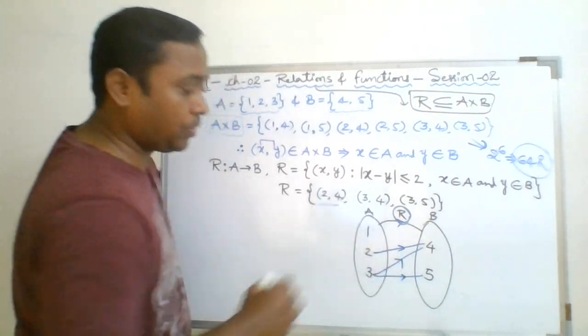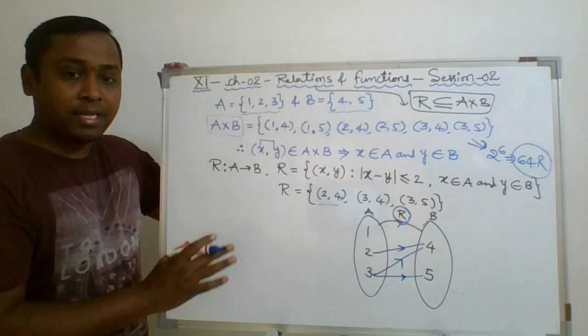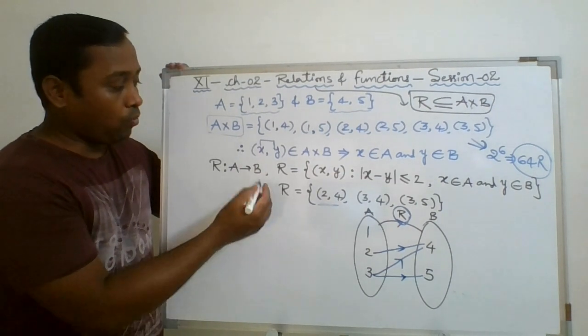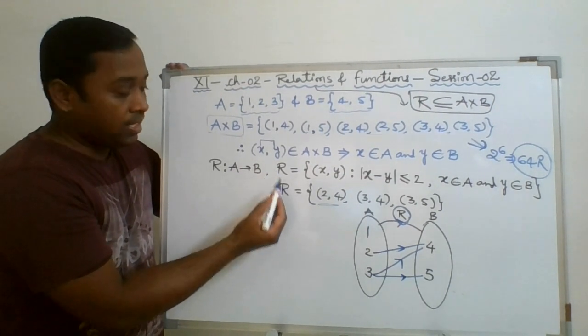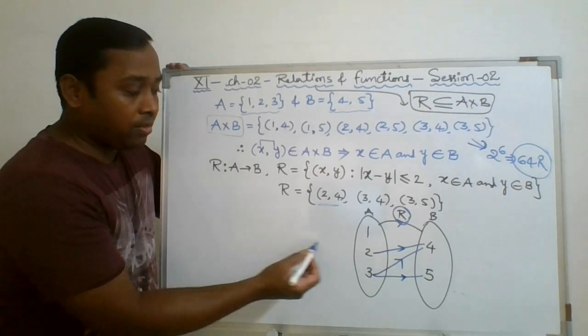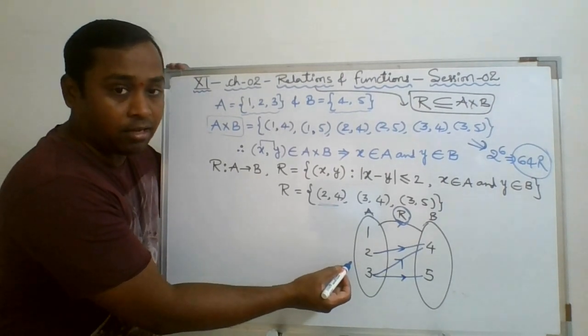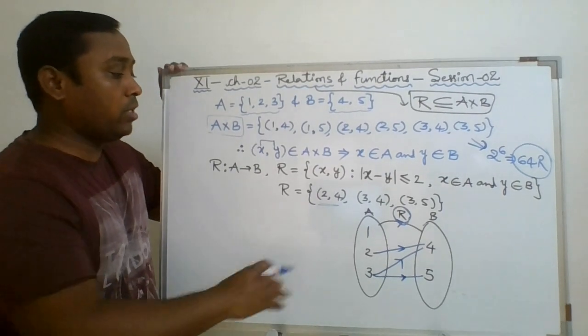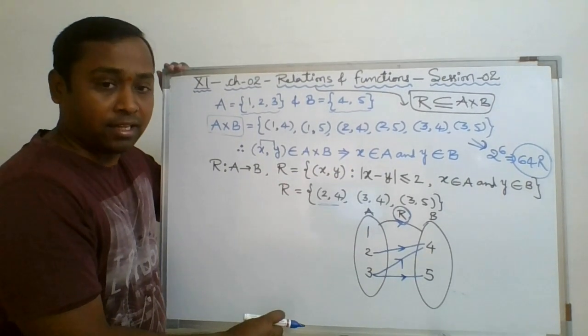See. So I have expressed the same relation in various forms. One is the set builder form, second is roster form, third is the arrow diagram method, also known as pictorial form. So this is the way of expressing the relation.